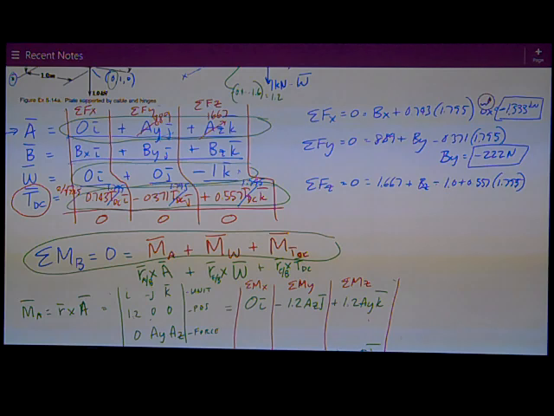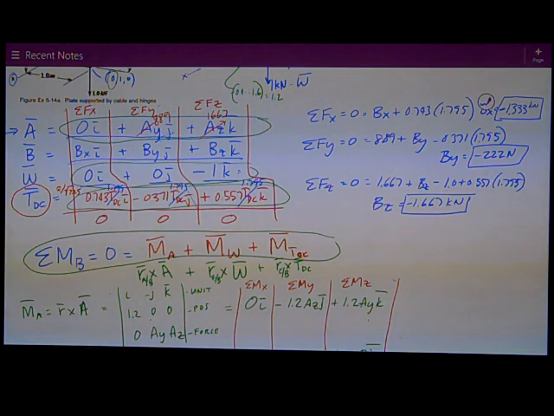Just rewriting this Z column here, it works out that Bz is negative 1.667 kilonewtons. And there I've solved for all 6 of my forces: the 5 reactions at A and B plus the force in the cable.